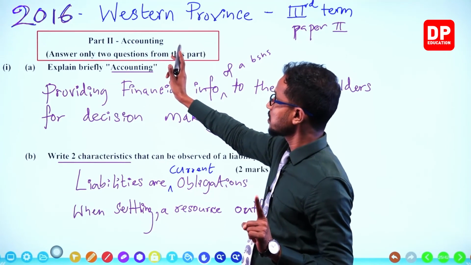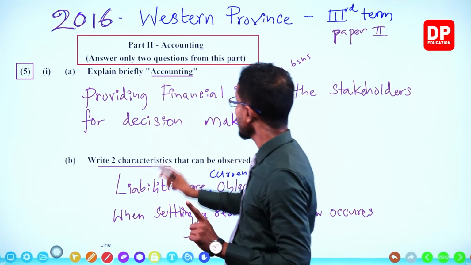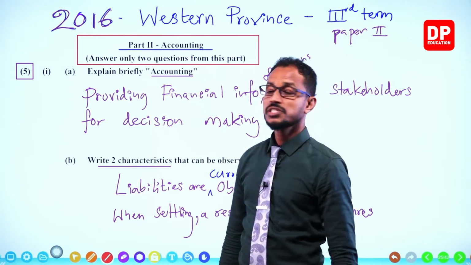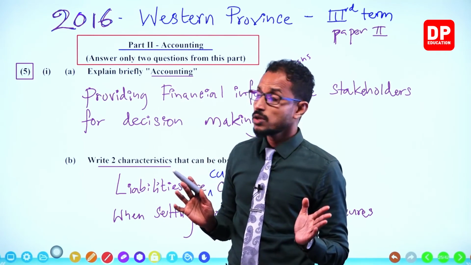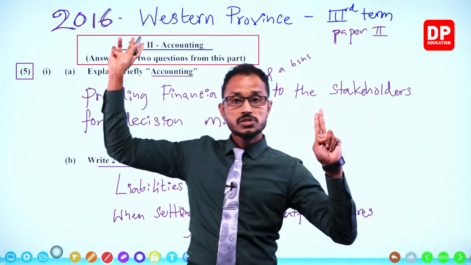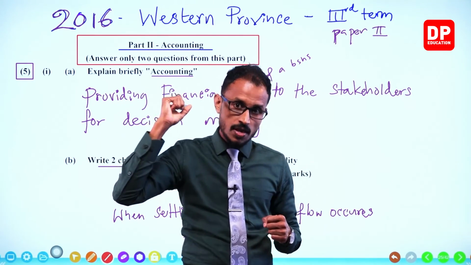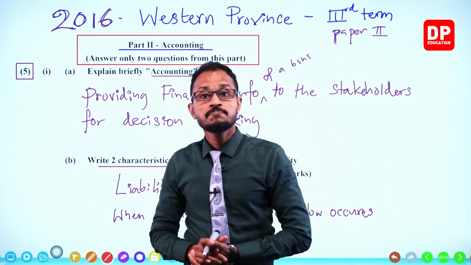In the accounting part, out of the accounting questions, this is the first accounting question. This is the 2016 Western Province third term paper. Likewise, we finished one accounting question.